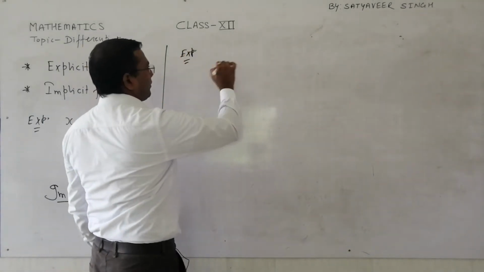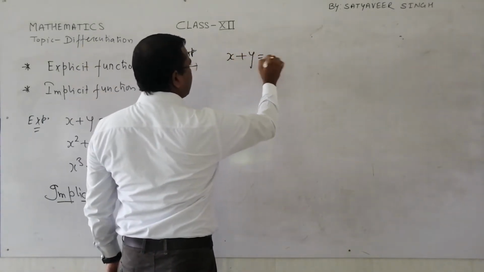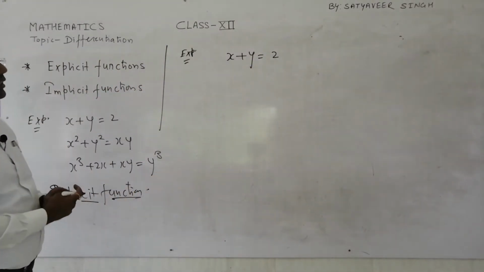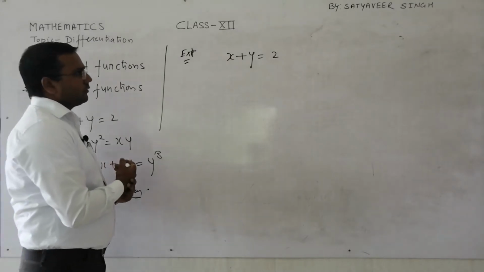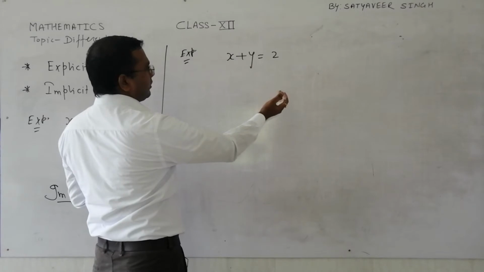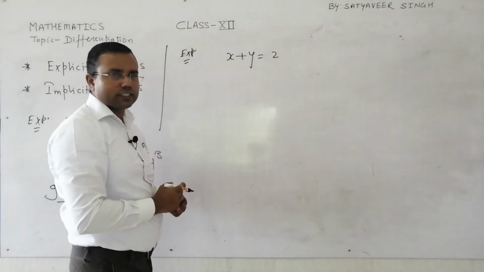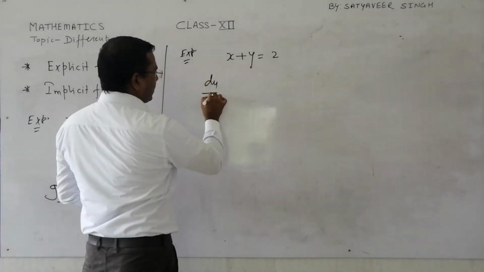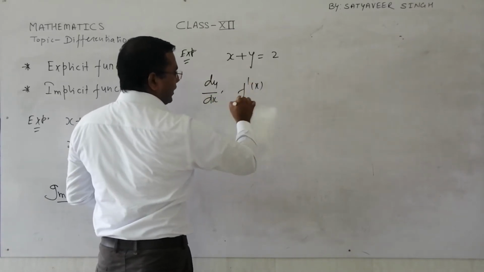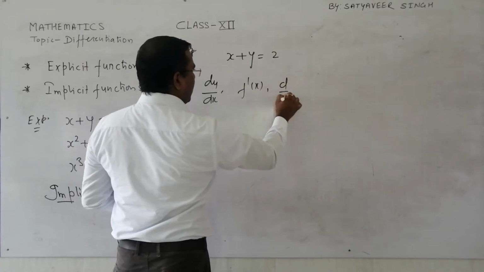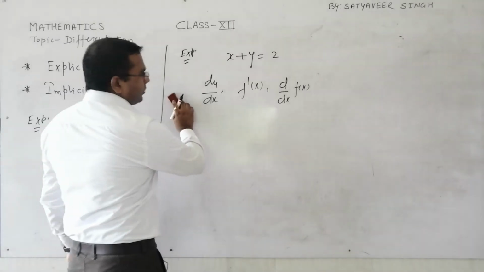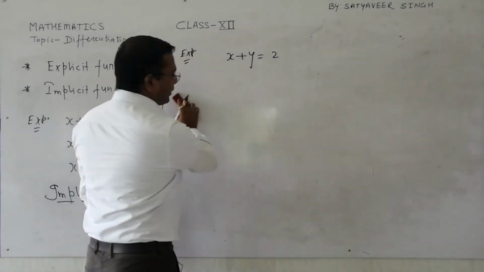Maybe I have taken a very simple function like x plus y is equal to 2. We want to differentiate it. So what is the method of differentiation? The method is that you will have to differentiate the given function both sides with respect to x. If you want to find dy upon dx, or f dash x, or d upon dx of f(x), you will have to differentiate the function.